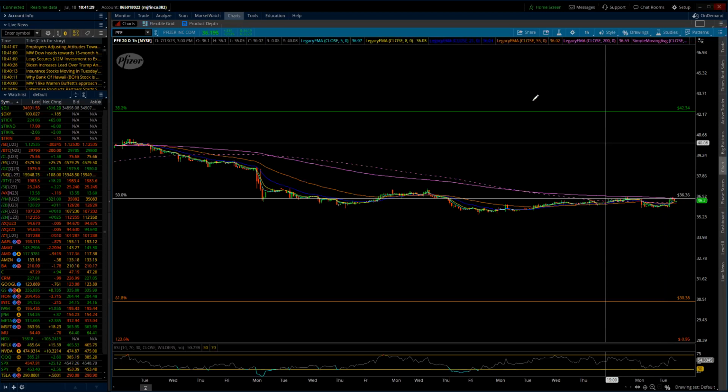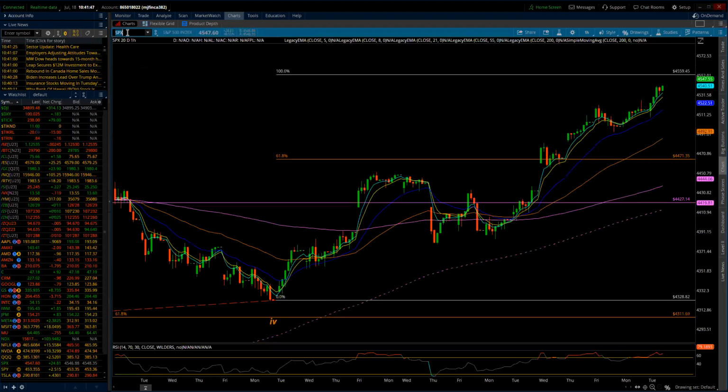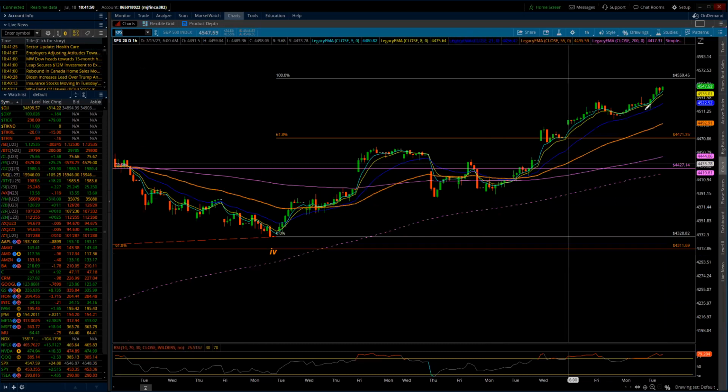So that was that one. Now, anything else that people want to take a look at, this market has been dynamic in terms of the rally that we've seen recently. That's strength.